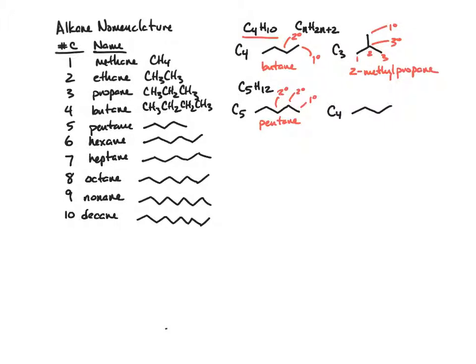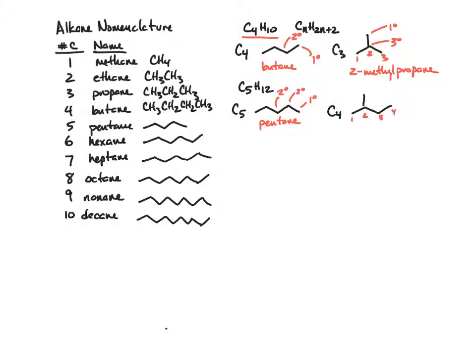So let's put some numbers in here. There's our 4-carbon chain. We wouldn't want to put in the methyl group at 1 or 4 because then we're just going to make pentane again. So if we put it at carbon 2, we've now made a new compound, which is a butane derivative.